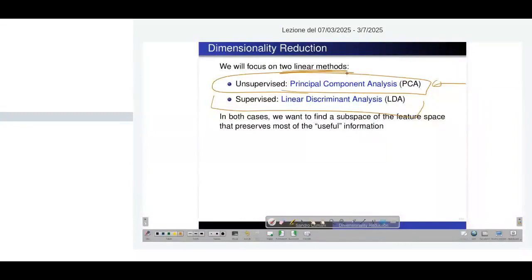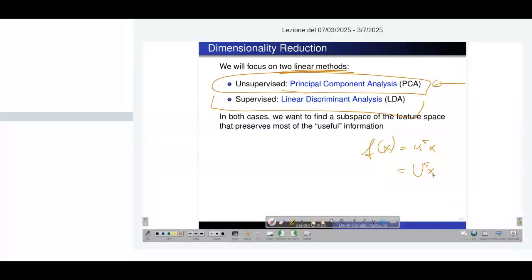What does it mean, linear methods? That our mapping function will look something like, if we want to map to one direction, a projection over a vector, and for multiple directions, a linear transformation. We will use the word projection, even if for LDA it's not simply a projection, it's something slightly more complex, but the overall goal we will see is not different.